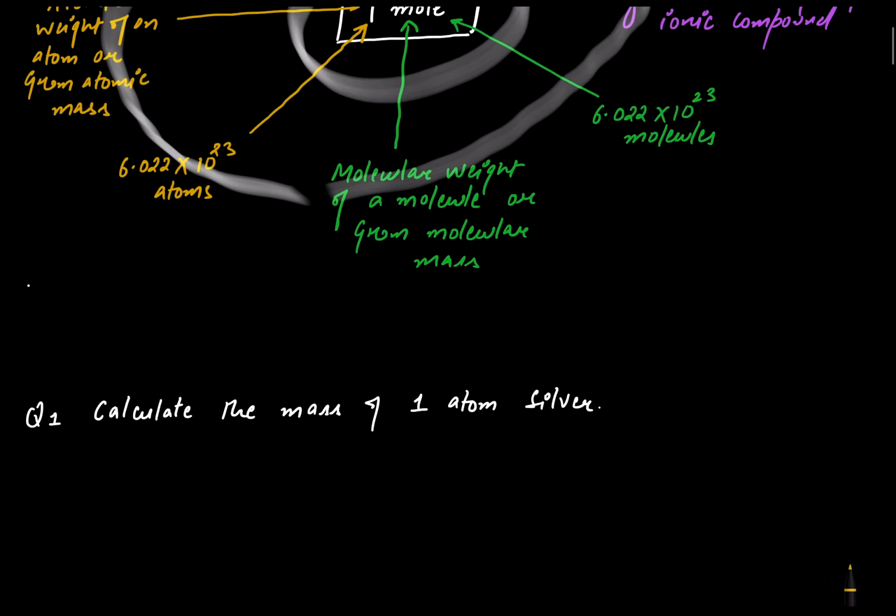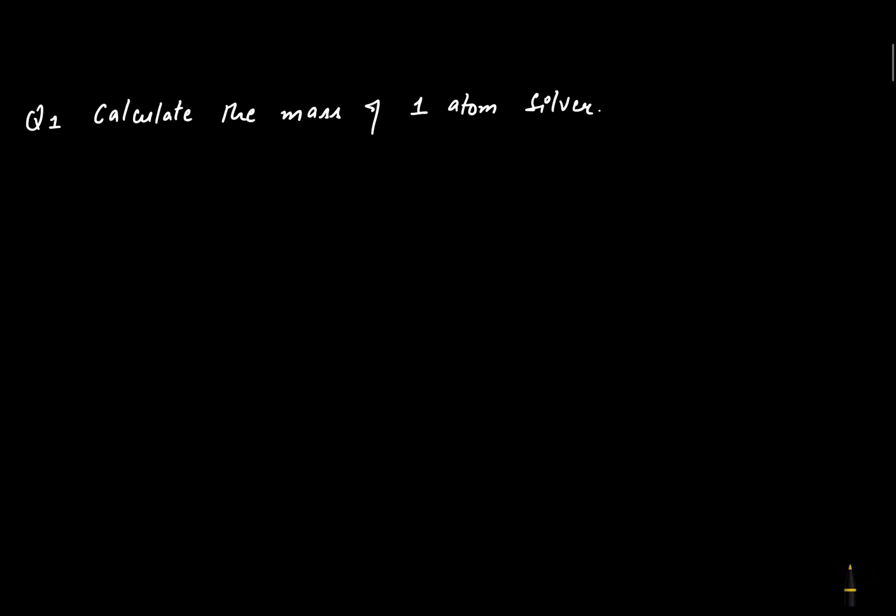So, my first question of first numerical is: calculate the mass of one atom of silver. So let us evaluate it. I know the gram atomic mass or atomic mass of silver is 108 grams.